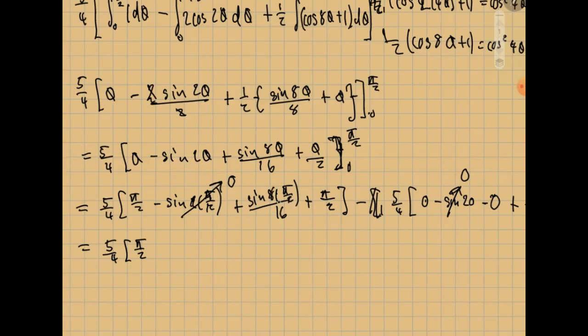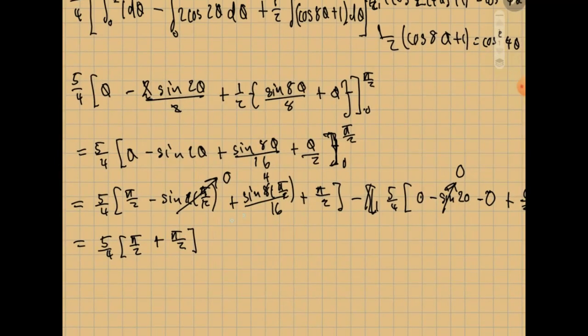This 2 goes into 8, becomes 4. So we now have sine of 4 pi. And sine of 4 pi is 0 again. So it will be plus 0, then plus pi over 2. So here we have pi over 2 plus pi over 2, and that's just pi. So it becomes 5 over 4 pi. And this would be your final solution for this question.